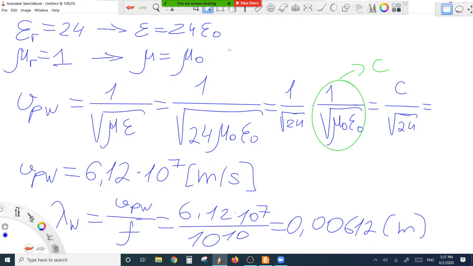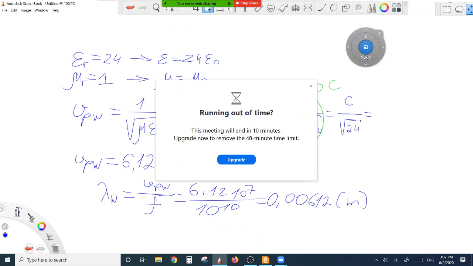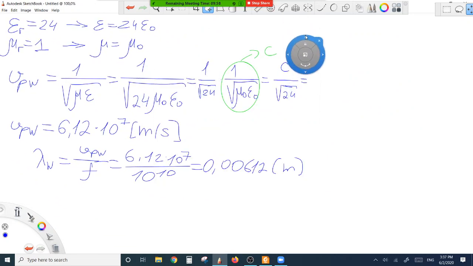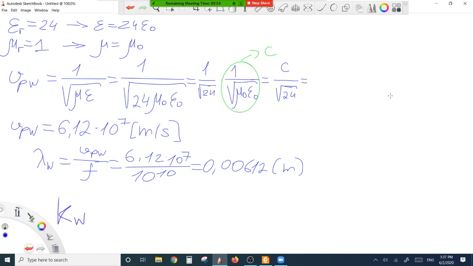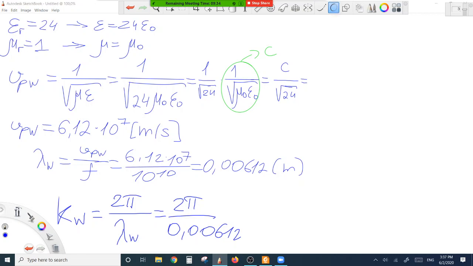And the wave number in the water is 2π over lambda of water, or wavelength of water. 2π over 0.00612 is approximately equal to 1026 radians per meter.